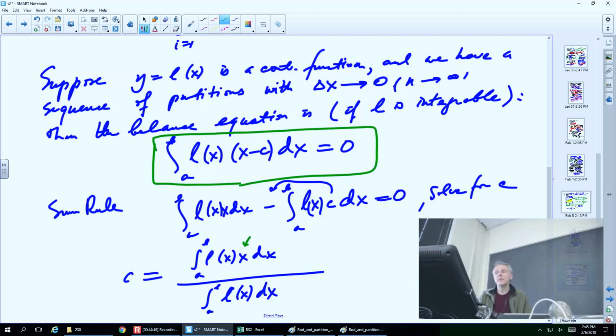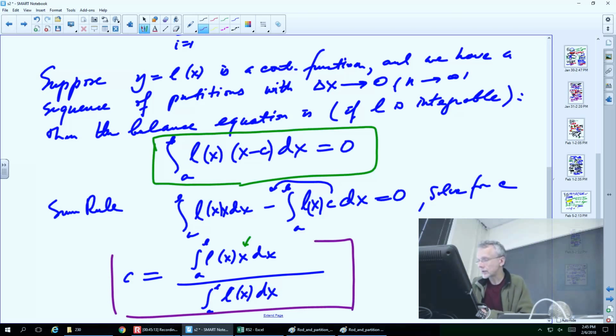So the denominator is measured in pounds, and the numerator is measured in pound inches. So that extra x in the numerator is why the numerator is measured in pound inches, and when you cancel out, the end result is inches, and that's why c is measured in inches. That's just a way to confirm that everything works out.